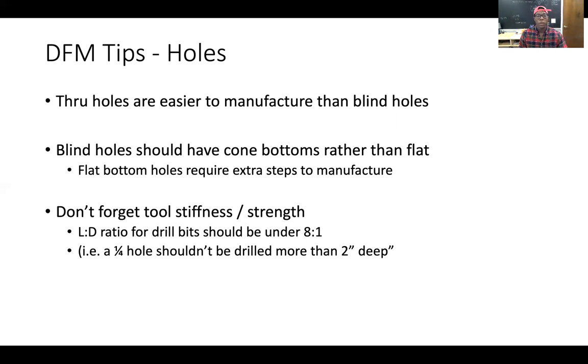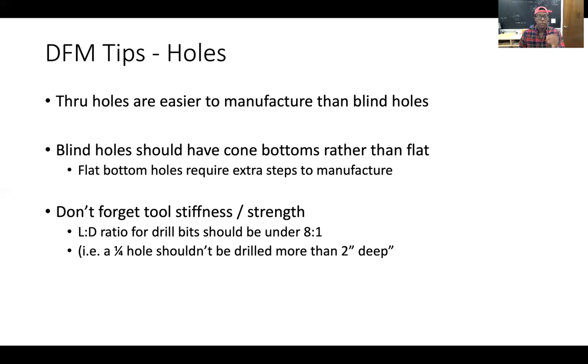And of course, we want to remember the tool stiffness and strength. The length to diameter ratio for those drill bits needs to be 8:1 or less. The less, the better, because if it gets too long and too thin, it'll start to get wobbly. That strength is decreasing rapidly.